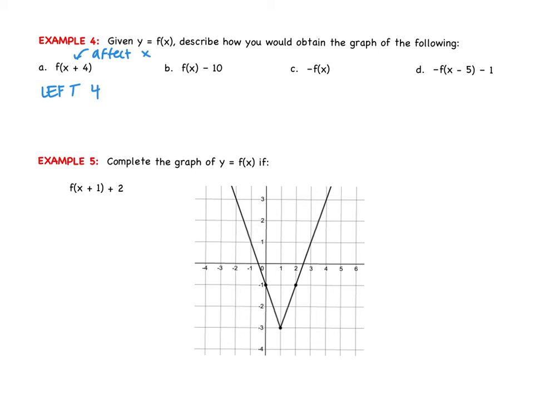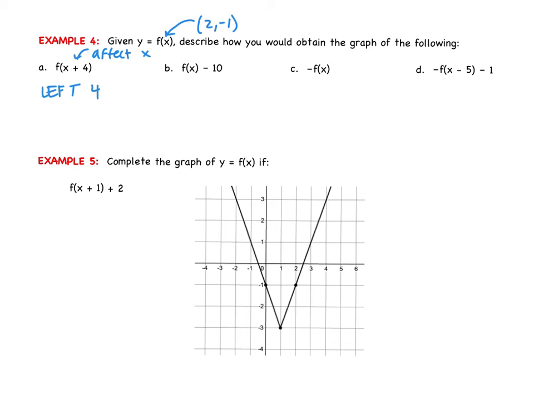That's the answer. Here's what I could also ask you to do. I could say that our graph specifically has the point 2, -1. So let's say that 2, -1 is on the graph of f of x. I might want to know, what is that new point on this graph? F of x plus 4.